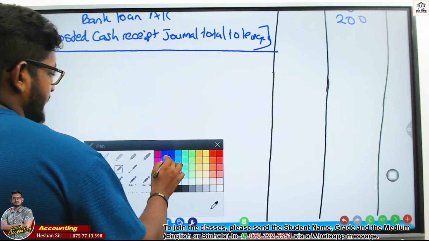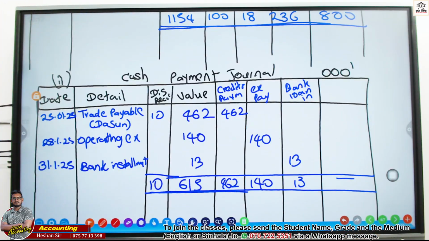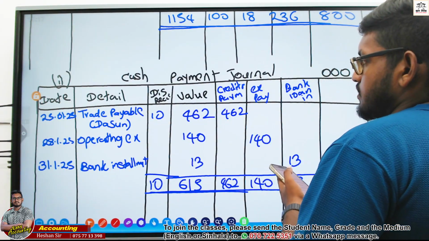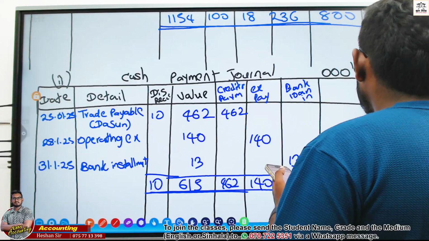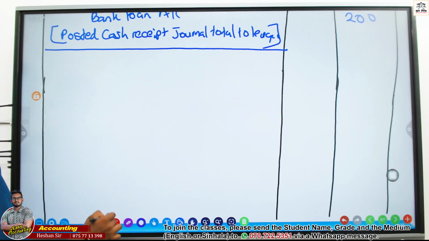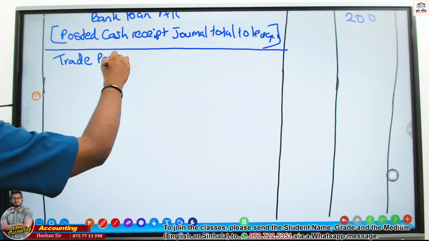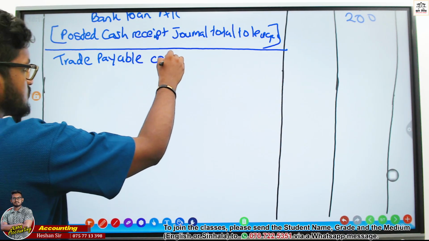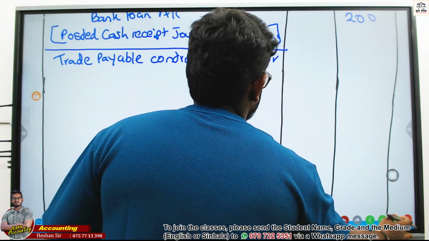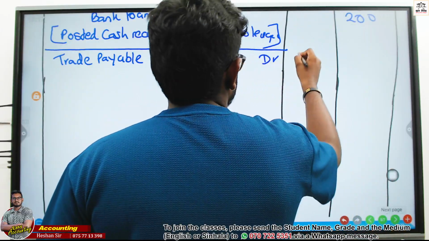Next one, cash payment journal, right? Trade payable control account debit 436. Trade payable control account debit how much? 460.